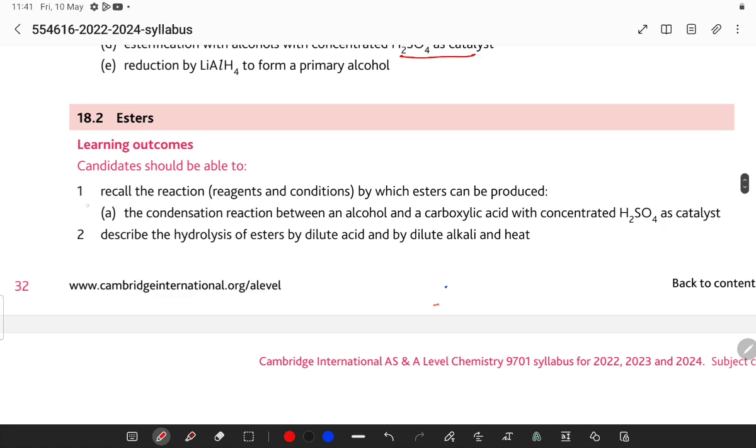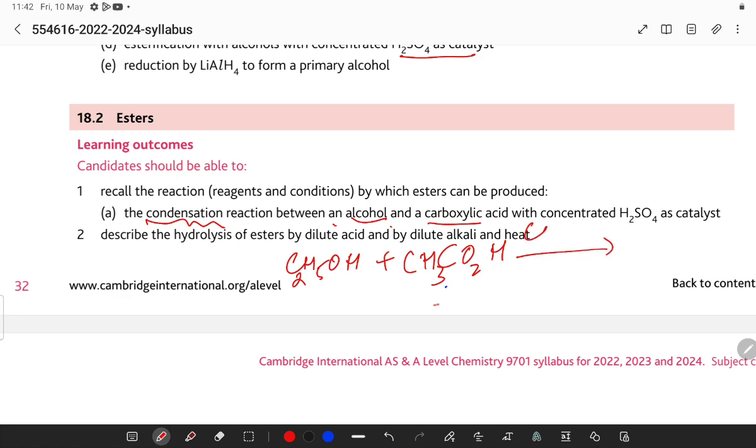Esters learning outcome. In case of ester, recall the reagents and conditions by which esters can be produced. The condensation reaction between alcohol and carboxylic acid. The reaction is condensation. Please don't write esterification, write down condensation. Alcohol and carboxylic acid, C2H5OH plus CH3CO2H to form the ester.